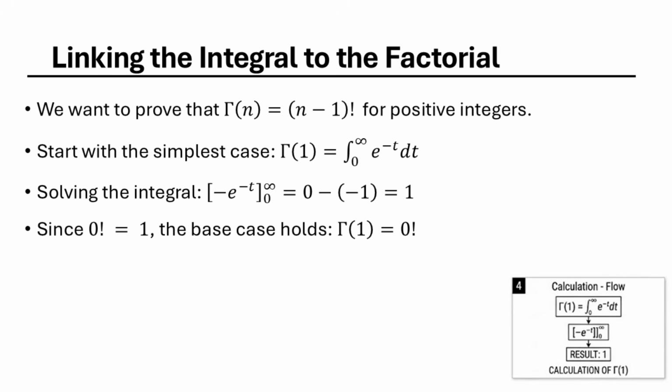The antiderivative of e to the power of negative t is negative e to the power of negative t. When we evaluate this from 0 to infinity, the limit as t approaches infinity of negative e to the power of negative t is 0. Subtracting the value at 0, which is negative e to the power of negative 0, gives us 0 minus negative 1, which equals 1. Since 0 factorial is defined as 1, we see that gamma of 1 equals 0 factorial.